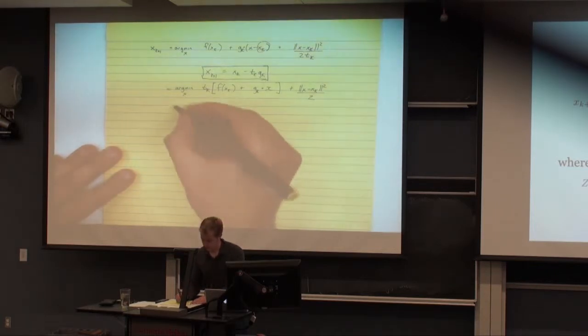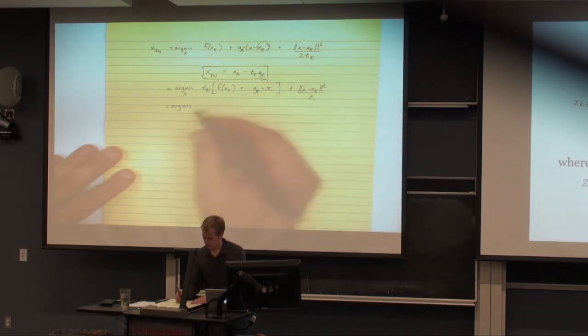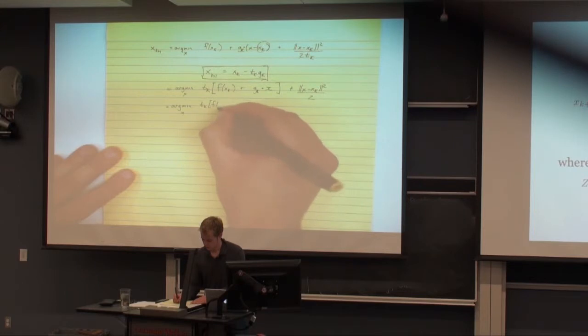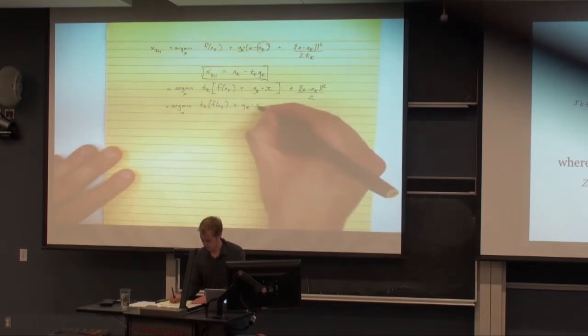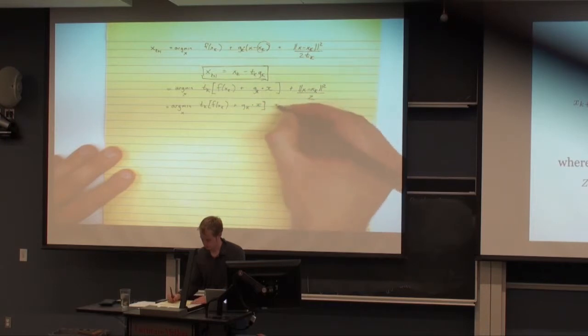Okay, so now what we want to do is expand x_k in the regularization term: t_k g_k dot x plus the norm of x minus x_k.